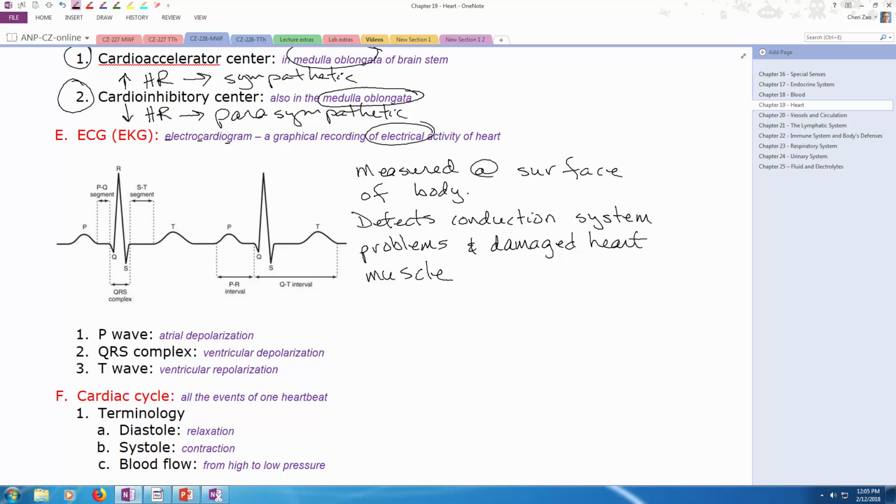This is measured at the surface of the body, obviously not at the surface of the heart, and so therefore the programs actually subtract out the other electrical activity that is going on, because skeletal muscle has electrical activity, and also when you breathe and things along that line, the programs do help to subtract that, but it's only subtracting what I call basal or baseline electrical activity.